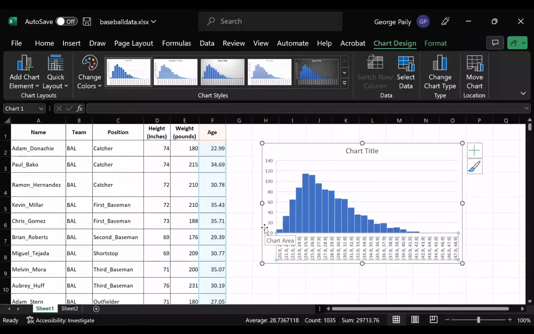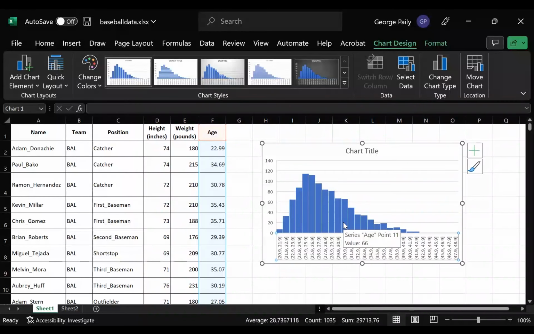If I want to find the probability of the player being between 30 and 32, for example, then I would go to this column. I can see that, okay, there's 67 players between 30 and 31, and then 66 players between 31 and 32.